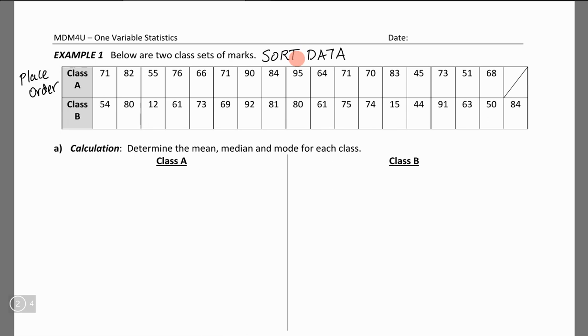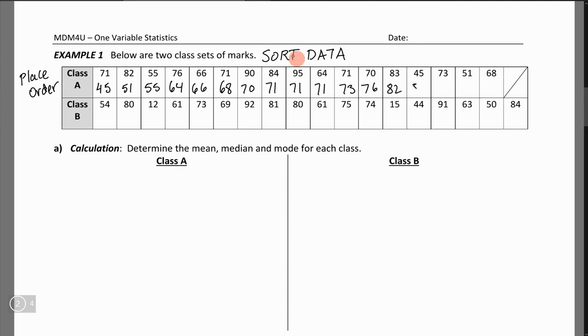So right here, 45, 51, 55, 64, 66, 68, 70, 71, 71, 71, 73, 76, 82, 83, 84, 90, and 95.